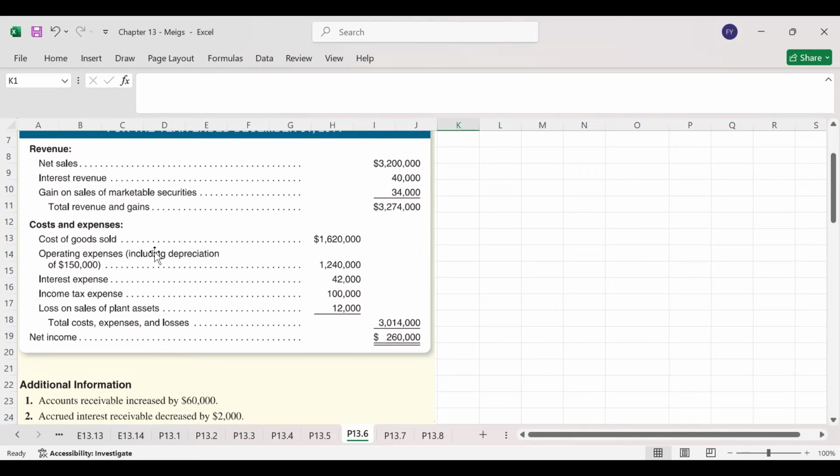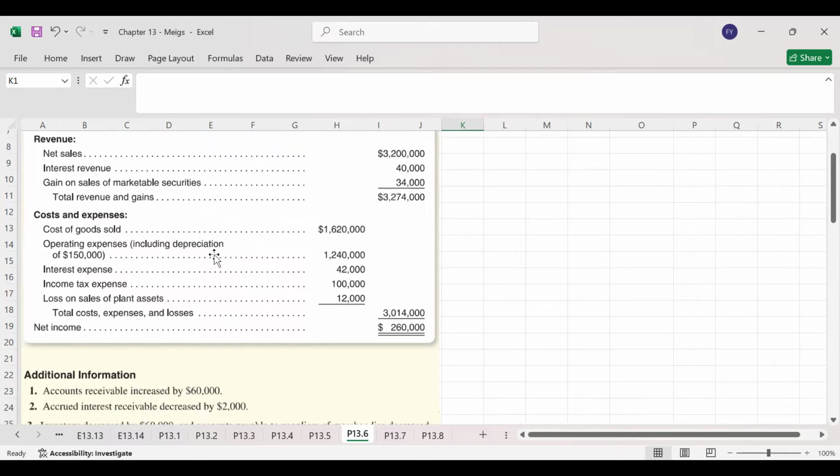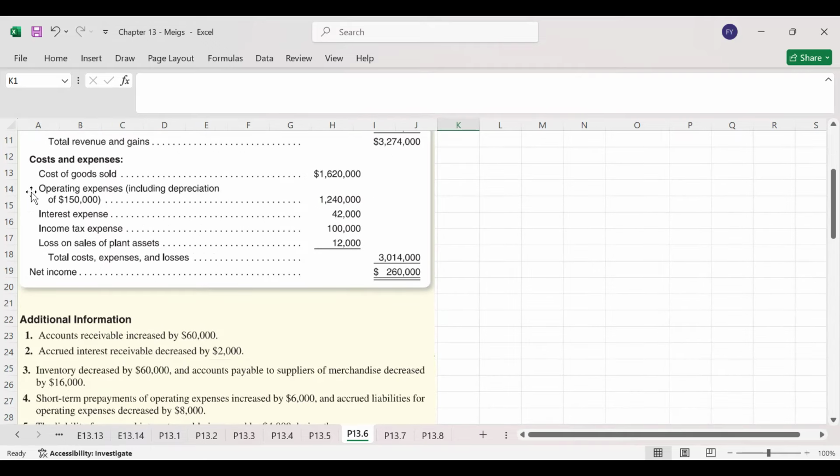We have already discussed in all our previous lectures that depreciation is a non-cash expenditure. Then interest expense, income tax expense, and the loss on sales of plant assets. The loss on sales of plant assets is again a non-operating loss. So this is also given, and here we have net income.